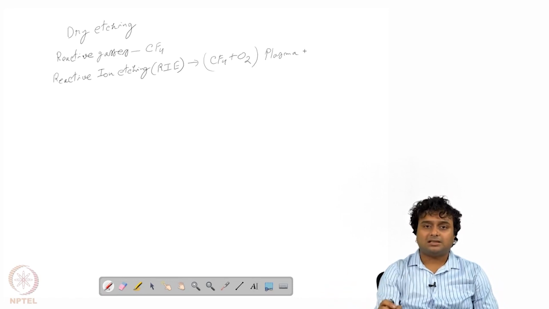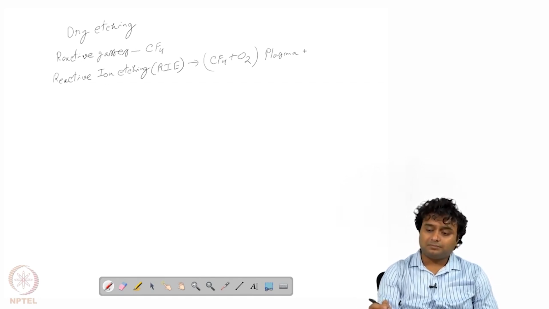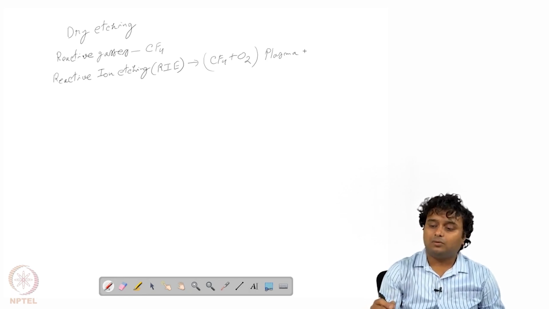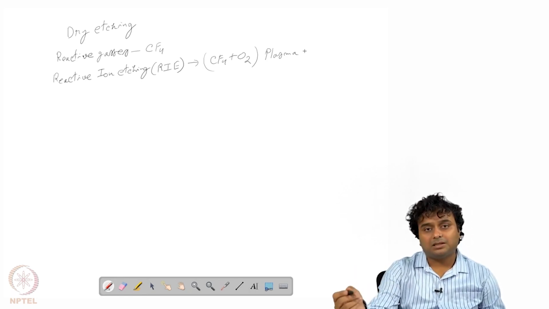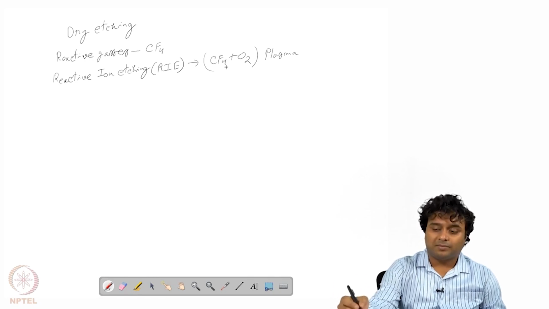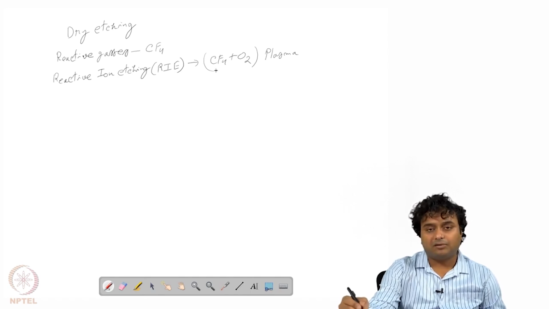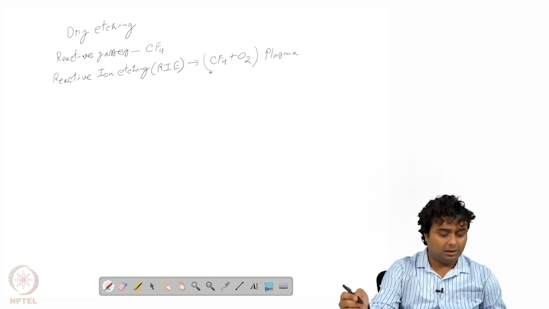We put these gases inside a chamber at high vacuum, and then we need to maintain their partial pressures, that is, how much concentration of CF4 we will be using and how much will be the concentration of oxygen. And then we apply some electric potential to ionize the gas, and this CF4 releases fluorine radicals as well as fluorine ions, and that reacts with the silicon or SiO2.